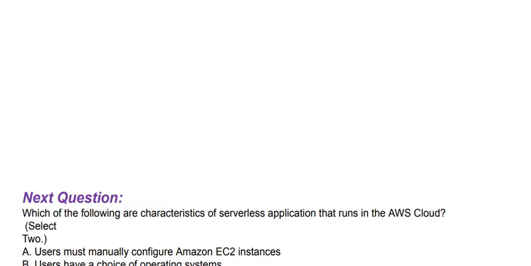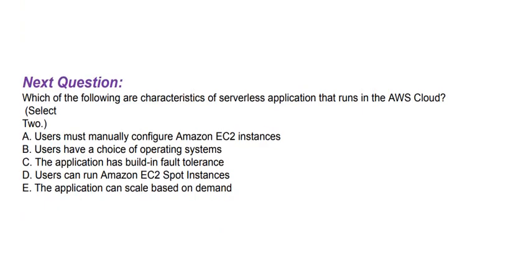Next question is, which of the following are characteristics of a serverless application that runs in the AWS cloud? Select two options. Option A, users must manually configure Amazon EC2 instances. Option B, users have a choice of operating systems.